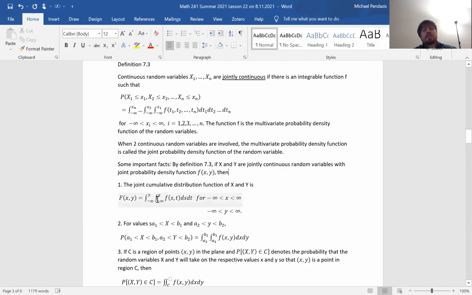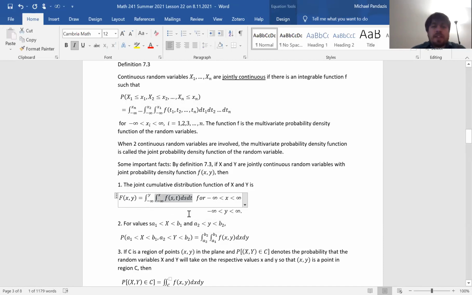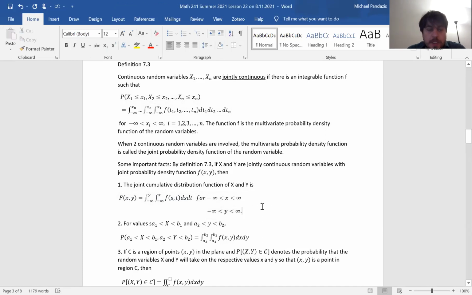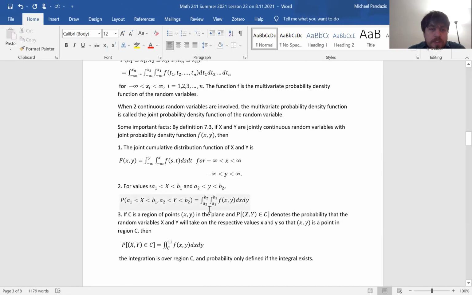You're integrating up to this fixed value little x, and also up to this fixed value little y. This double integral is from your joint probability density function, and this holds for any finite values little x and little y. This follows immediately from the definition.